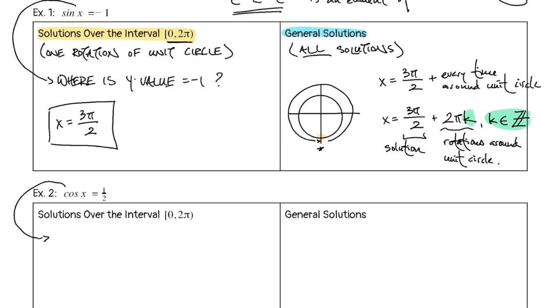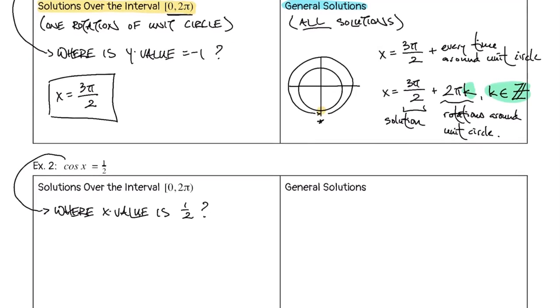What does cosine x equals 1/2 mean we're looking for on that unit circle? Exactly, we're looking for where the x value is 1/2. Perfect. Where does x equal 1/2?